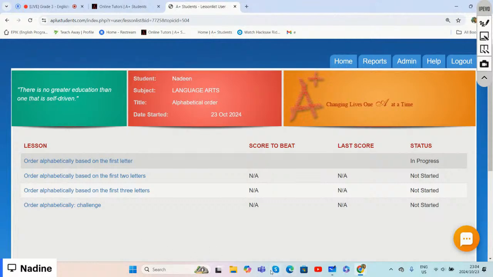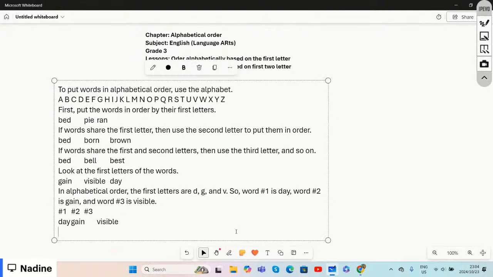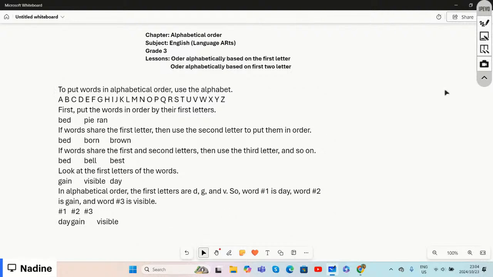All right. So when it comes to alphabetical order, firstly, our chapter is alphabetical order. Our subject is English language arts. We're doing grade 3.